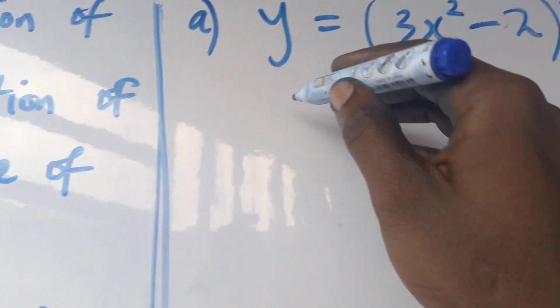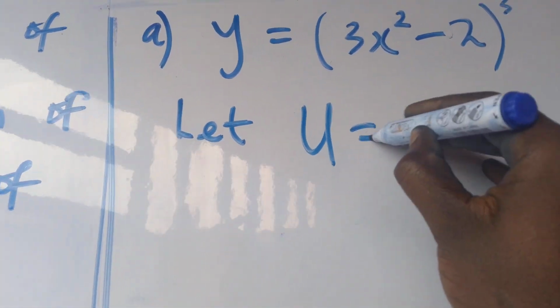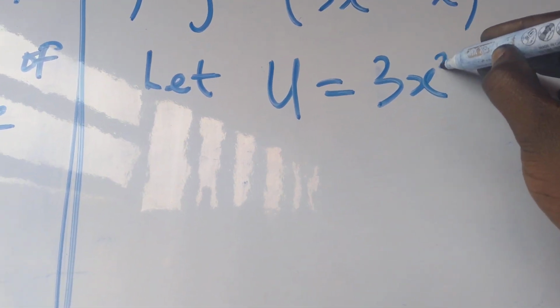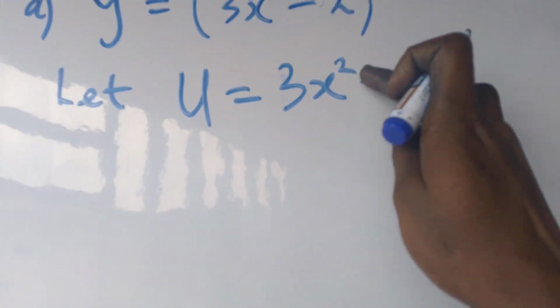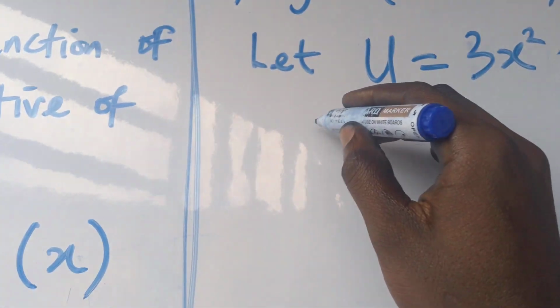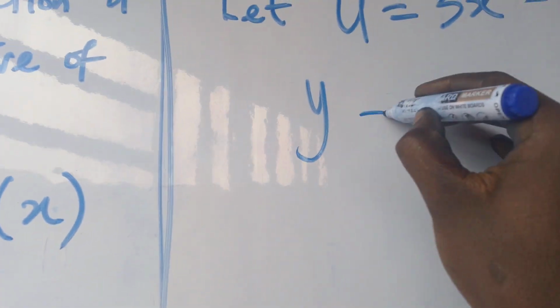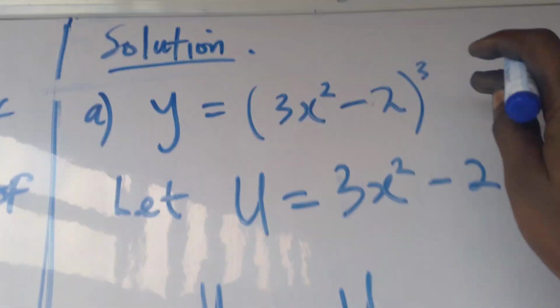Okay, so you can say let u be equal to 3x squared minus 2. So that if u is equal to this, y will be equal to u all raised to power of 3.